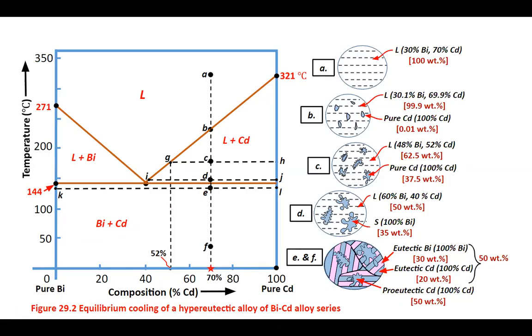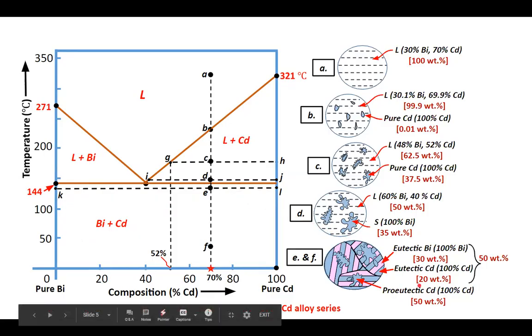So this entire cadmium over the entire lever length is eutectic cadmium. So you can find this is 20%, and the remaining 30% would be your eutectic bismuth. So you have eutectic bismuth 30%, eutectic cadmium 20%, and pro-eutectic cadmium, which was already there, 50%.